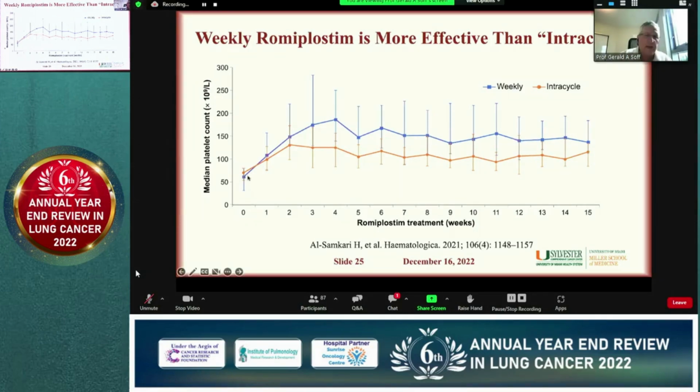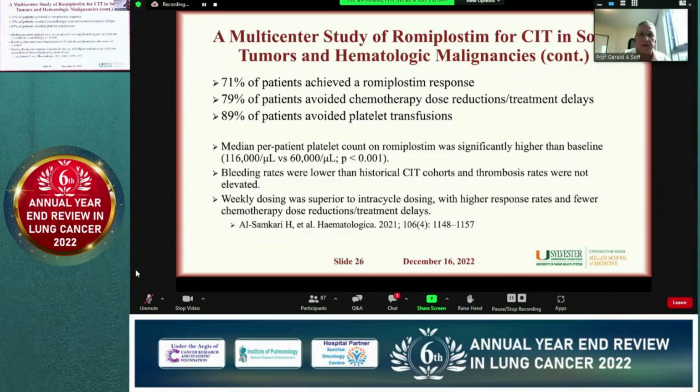But again, the patients came from about 60 to 70,000 platelets prior to enrollment to about 100 to 150 and maintained their platelet counts. Again, Dr. Al-Sankari's team also showed that the response rate was good, 71%. Almost 80% avoided chemotherapy dose reductions or delays, and almost 90% avoided platelet transfusions.